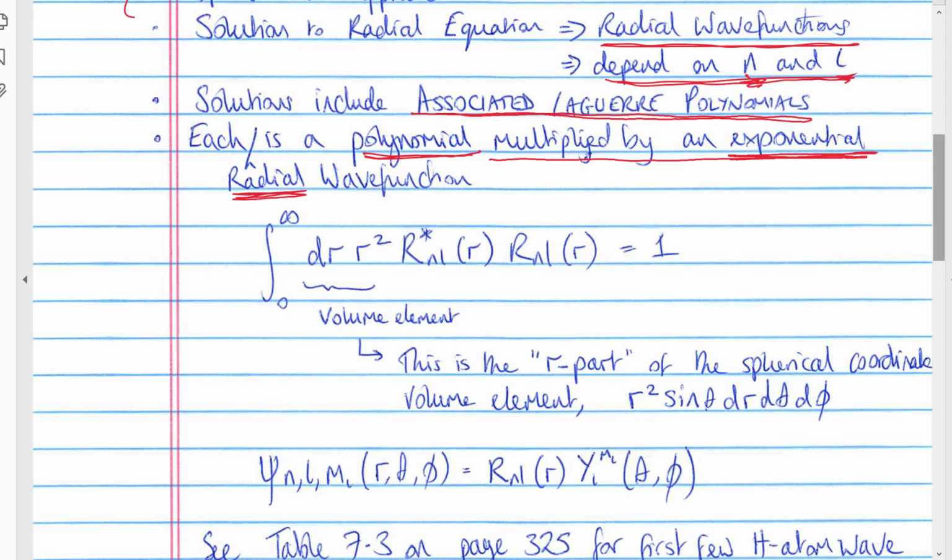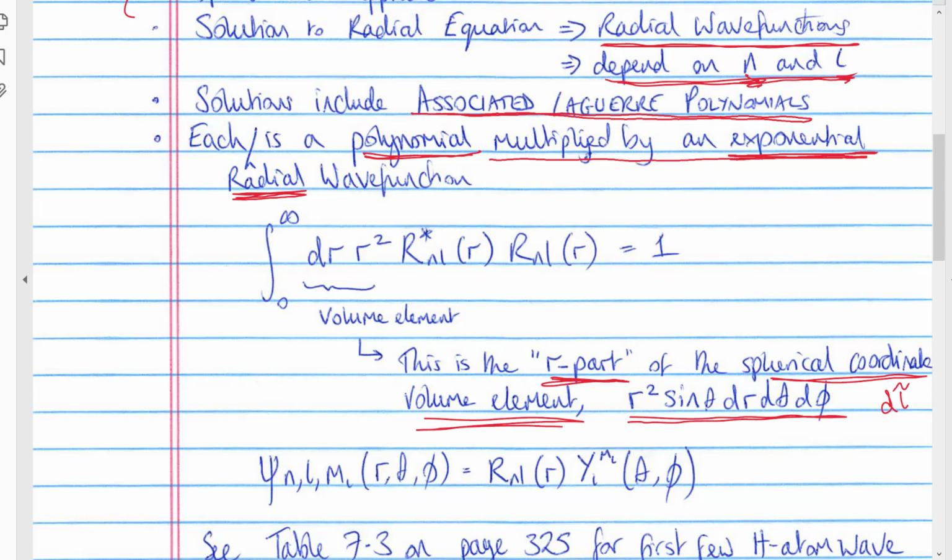But what we're caring about in this particular case is the r part. So it's this r part of the spherical coordinates volume element. The volume element in spherical coordinates, so that's like our d tau term, but in spherical coordinates is r squared sine theta dr d theta d phi.